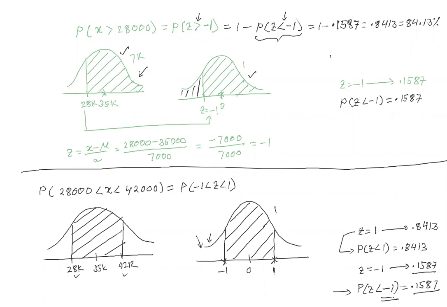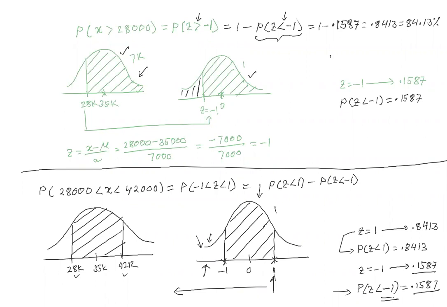So from the total area, from here all the way to the left, if I take this unshaded region away, I am left with this middle shaded region, which is exactly what I am looking for. So the probability of -1 less than z less than 1 is the same as the probability of z less than 1 minus the probability of z less than -1.